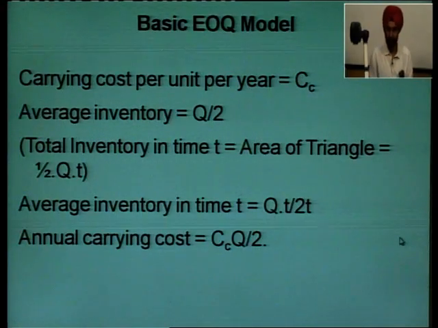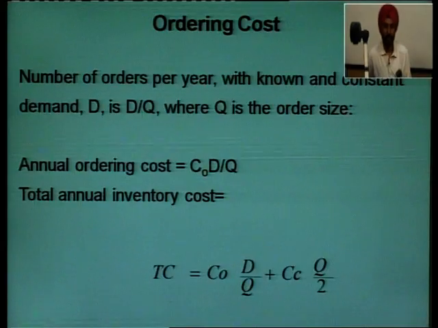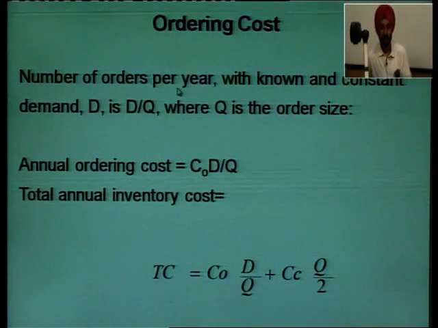So, carrying cost per unit multiplied by average inventory is our total carrying cost. Now, this is ordering cost. Now, let us say our annual demand is D, for instance it is 1000, and Q is the order size. Then what is the number of orders? Number of orders will be D by Q.